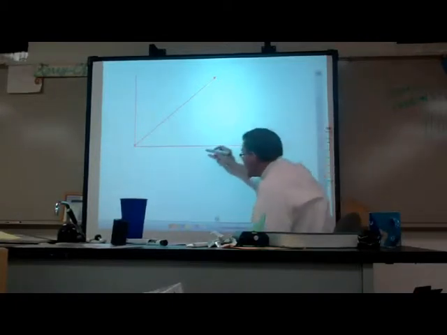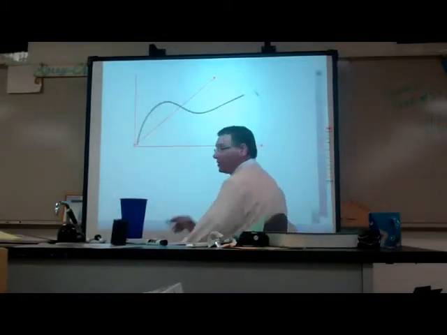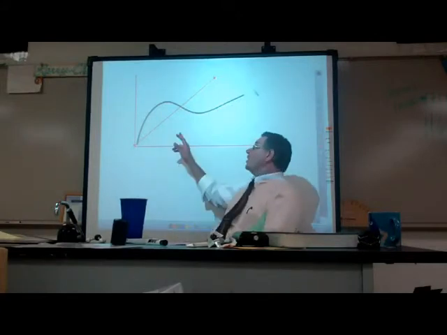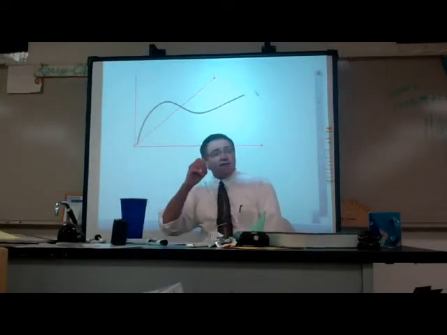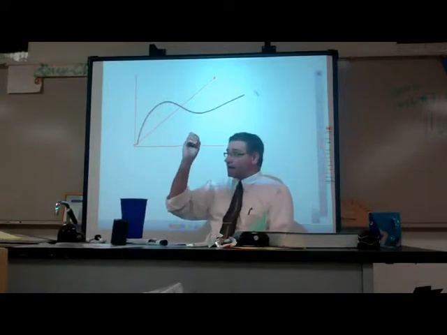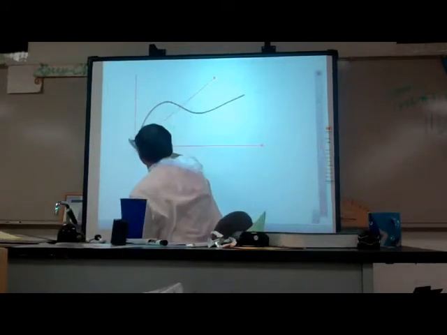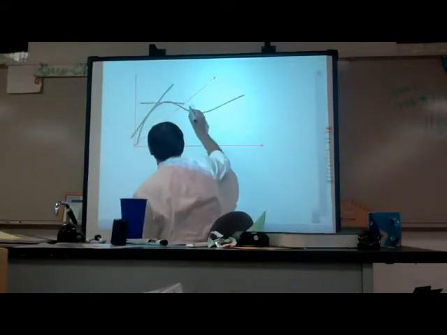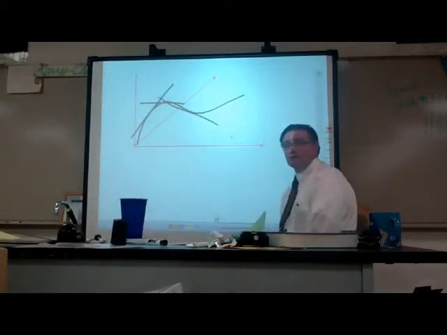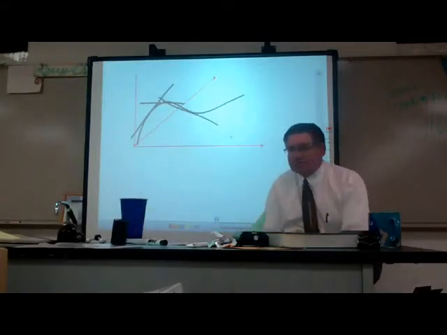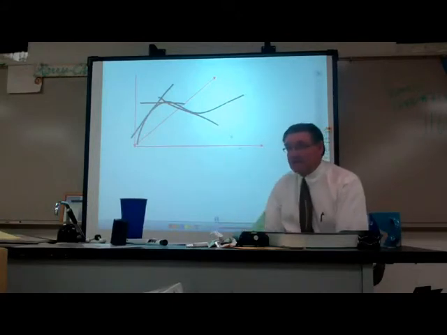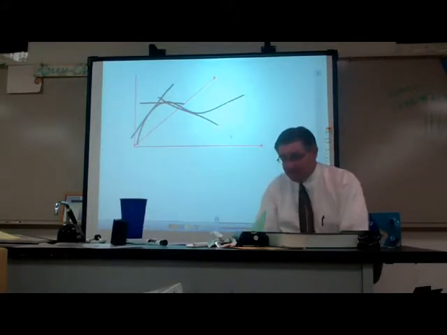So when you have a curve or something like this, the only way that we can figure out how fast it's going at a particular instant is to draw those tangent lines. And when you draw those tangent lines, that's what you're going to use to find the slope at that instant in time. So listen to me.